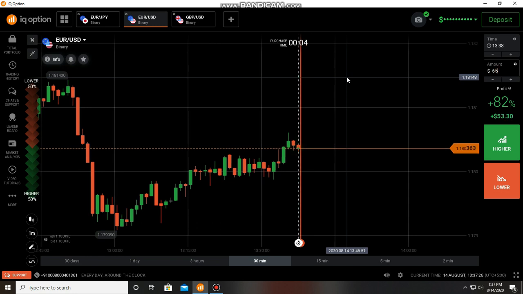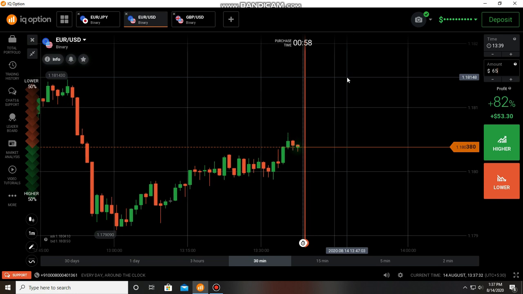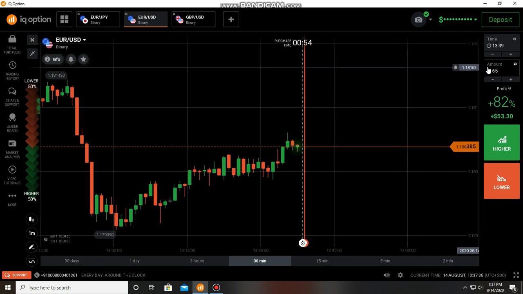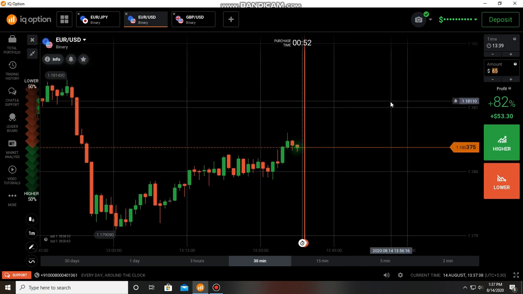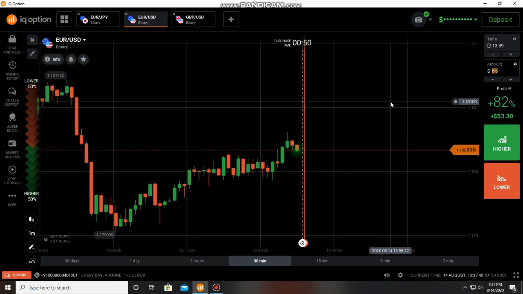Okay, no problem, we can wait for the closing of that candle. Because that candle made a new low there, that's why we can again expect a bearish entry here.